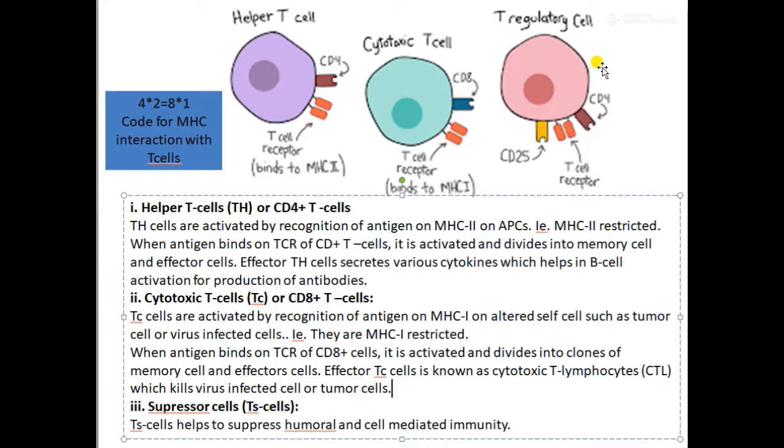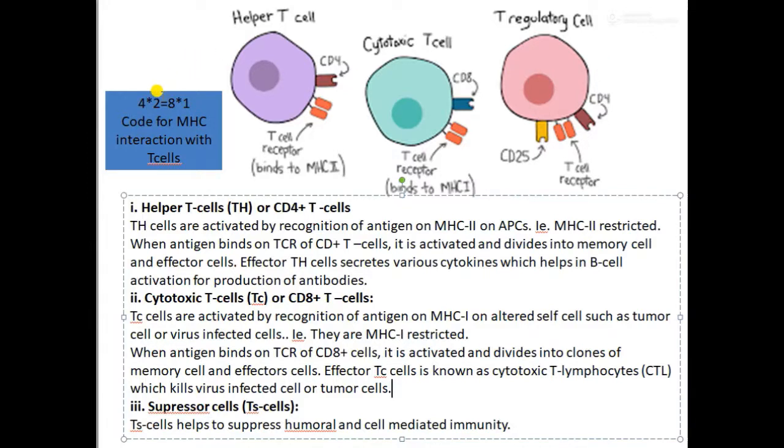Commonly speaking, the T helper cell, the cytotoxic cells, and the T regulatory cells have the common T cell receptors. Now, the CD4 bearing T helper cell interacts with the class 2 MHC, and the CD8 bearing cytotoxic T cell interacts with the class 1 MHC.